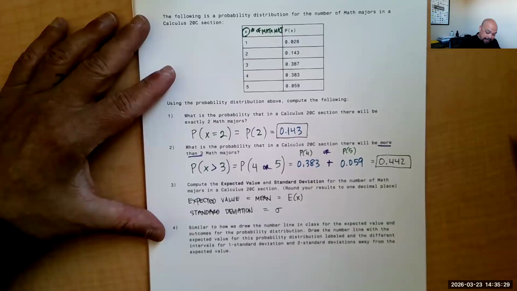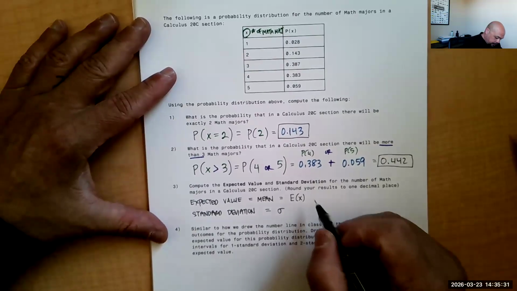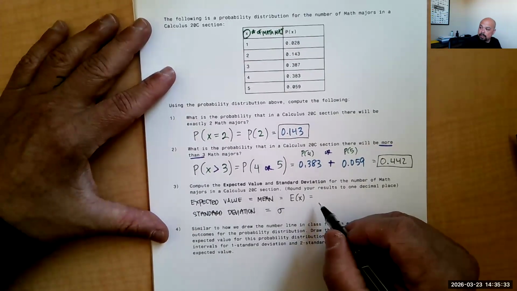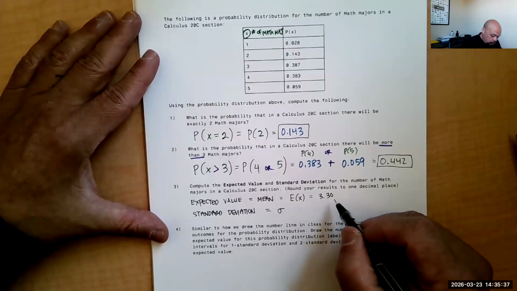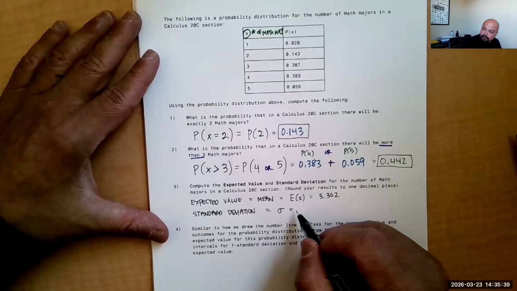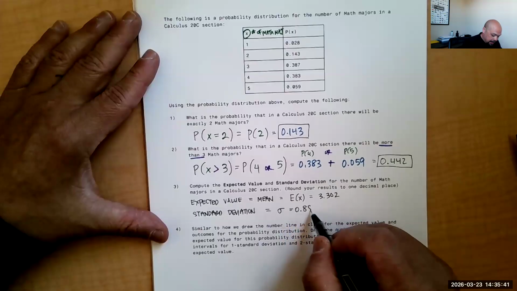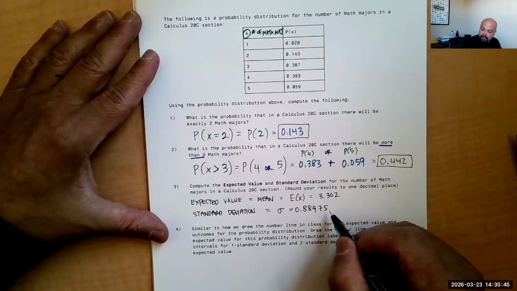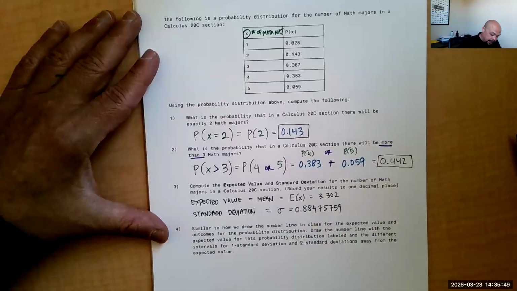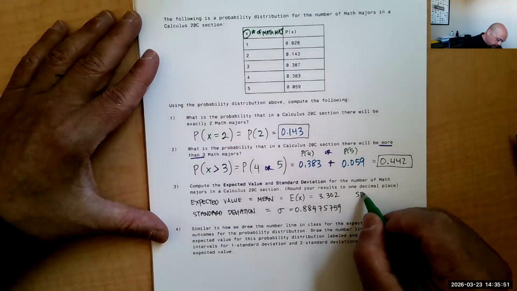The mean, the expected value from StatCrunch, right? 3.302. The standard deviation, 0.88475759, right? And so in this case, just to remind, this is on StatCrunch.